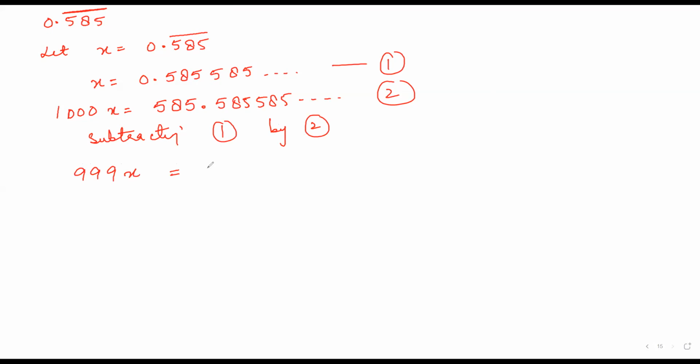And on the right side you will get 585, right? On subtracting, your x will become 585 divided by 999, and that means your 0.585 is equal to 585 divided by 999. Is this clear?